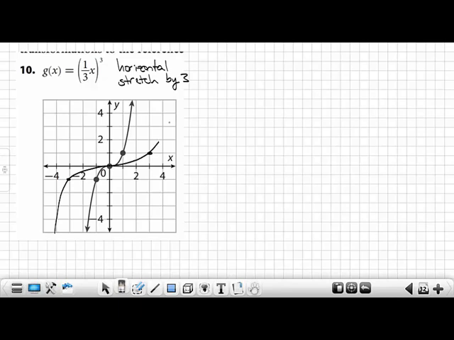No, you don't. Yes, it says to graph it. It says to map the points and graph it. I'll move in a minute.